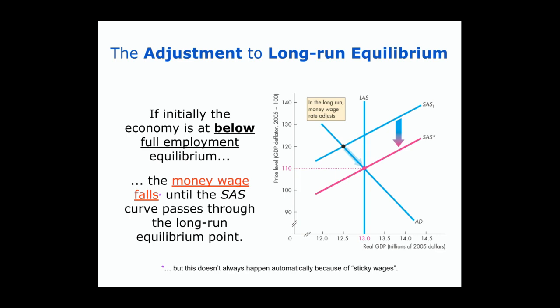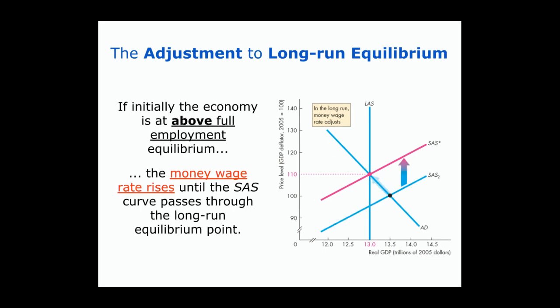The money wage rate falls, and as it falls, businesses will hire more and more workers. When the price of a factor of production, wages, decreases, then firms can supply more, and so the short run aggregate supply curve will increase. It'll move to the right, and eventually we'll get back to the long run macroeconomic equilibrium.